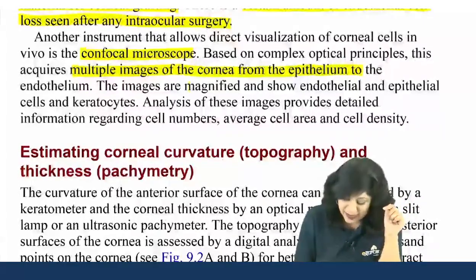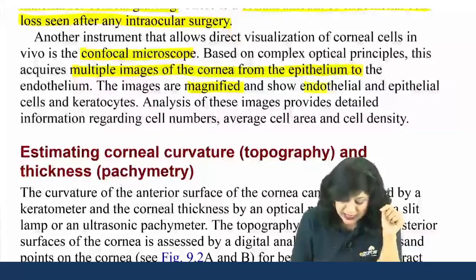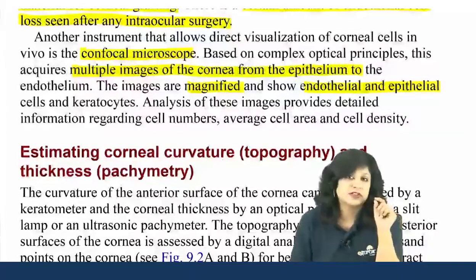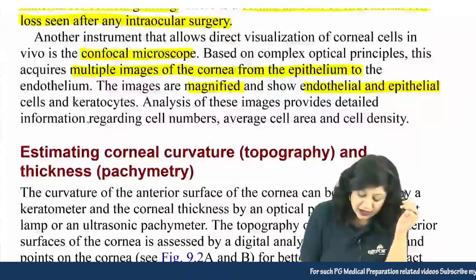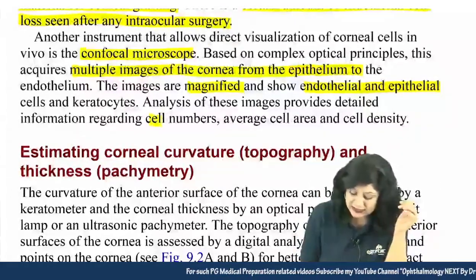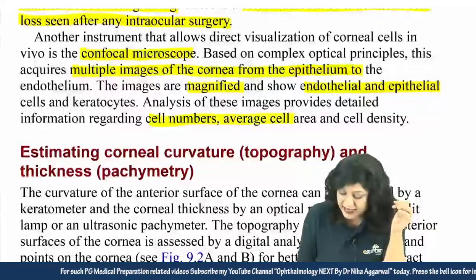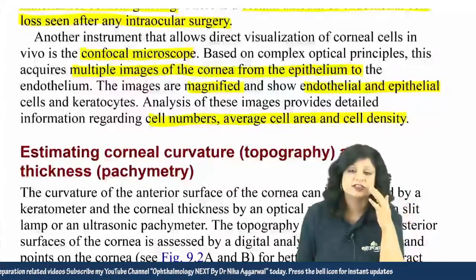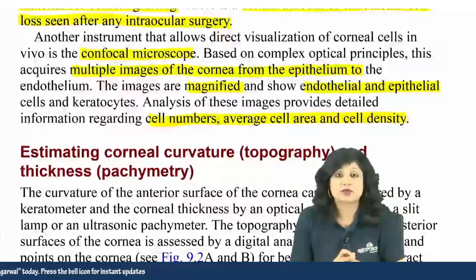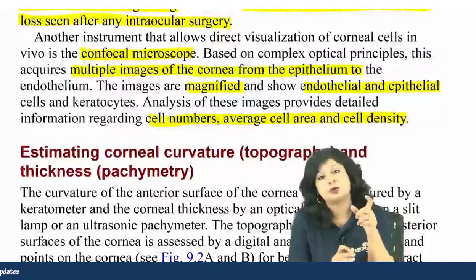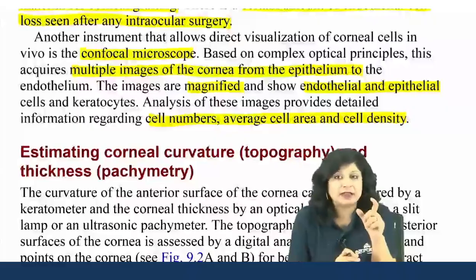The images are magnified and show endothelial as well as epithelial cells, and the keratocytes. Analysis of these images provides detailed information regarding the cell number, average cell area as well as the cell density. So all the important things you need to know about specular microscopy, and the questions expected at your level, are covered.